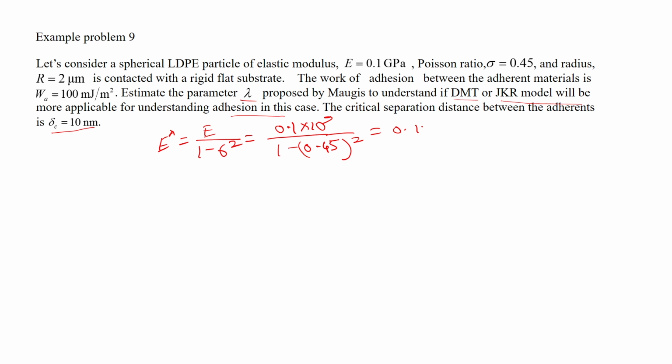Then we calculate the quantity capital K, that is 4 E star by 3, so 4 by 3 into 0.119 GPa, which equals 0.159 GPa. What else do I need to find out?